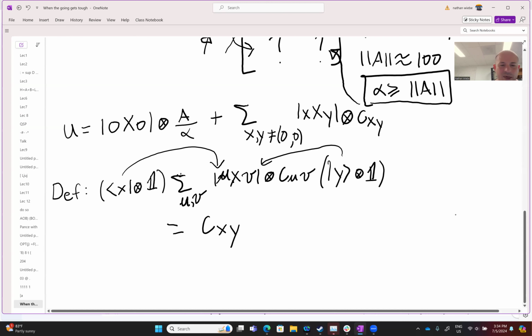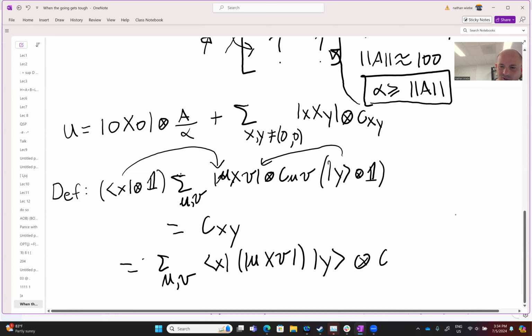And what ends up happening is that this ends up giving us the sum over mu nu of ⟨x|mu⟩⟨nu|y⟩ tensor C_mu_nu identity.